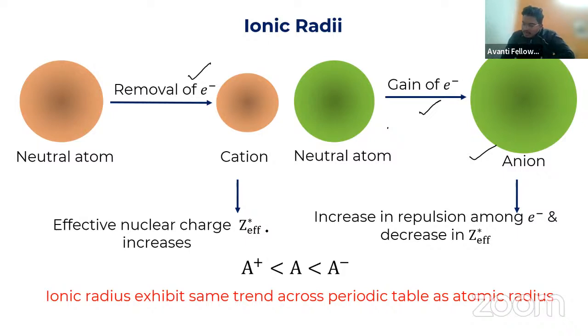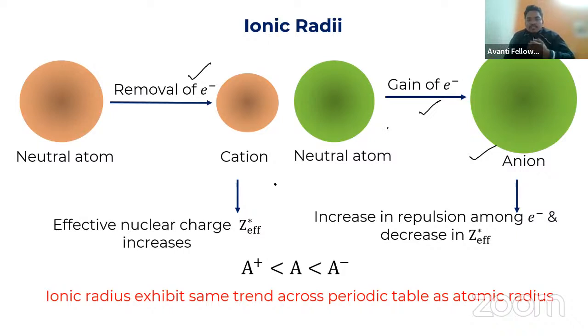Right. So now it is pretty clear that if you remove one electron, it becomes a cation. If you gain one electron, it becomes an anion. The size increases if you gain one electron, because it adds into a new shell.